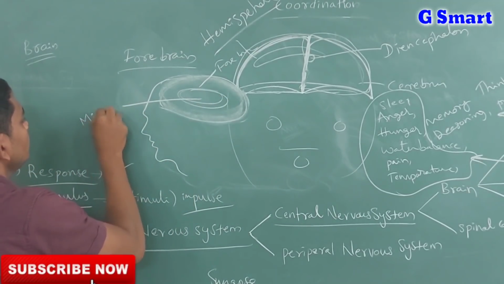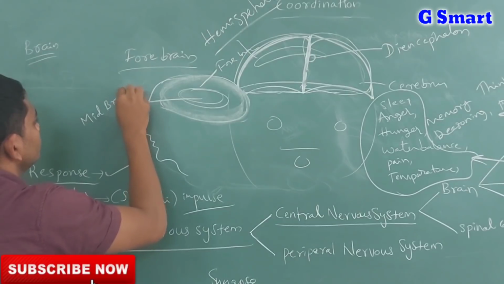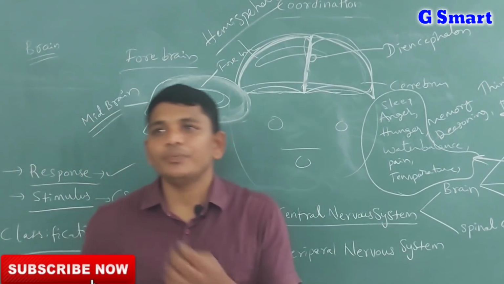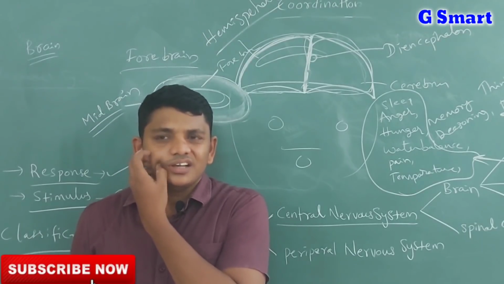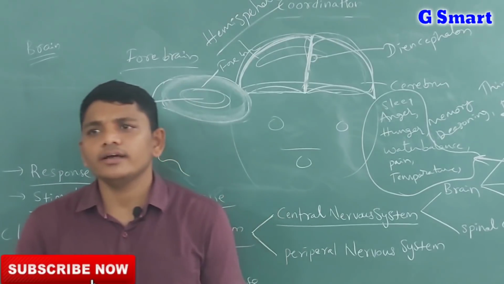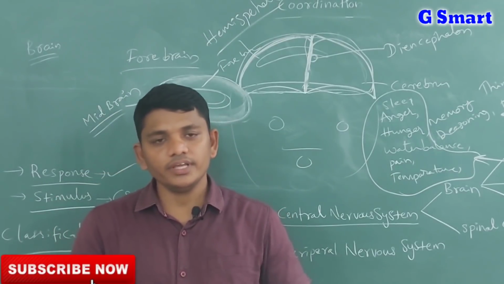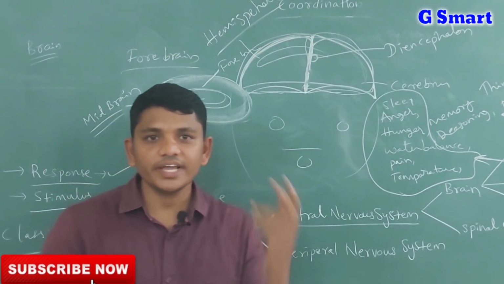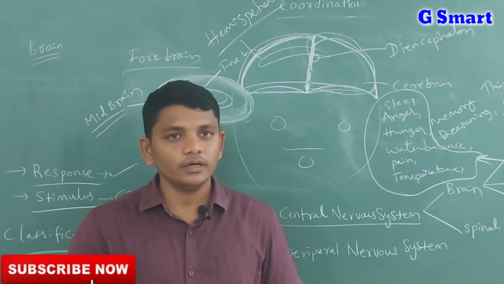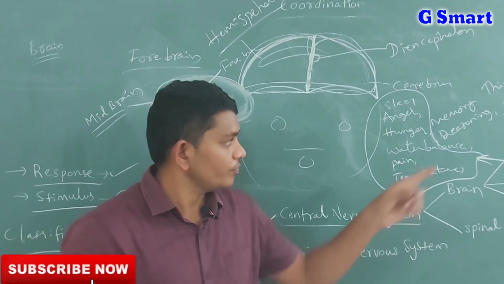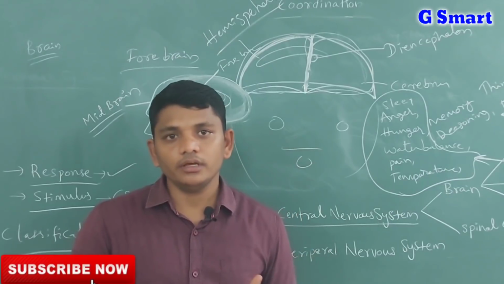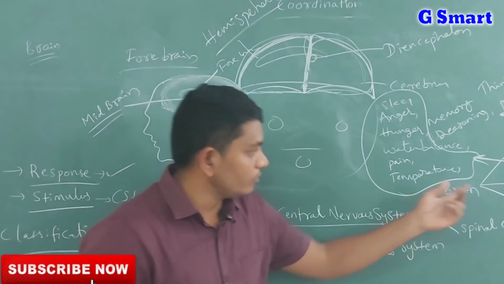The inner part is called midbrain. Okay. If we talk about the midbrain, we have to discuss one thing: sight and hearing. It is responsible for sight and hearing. If we are able to see something, that is because of the midbrain, and we are hearing something because of the midbrain.